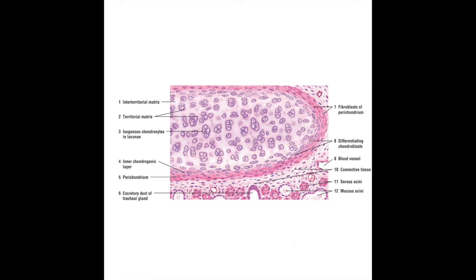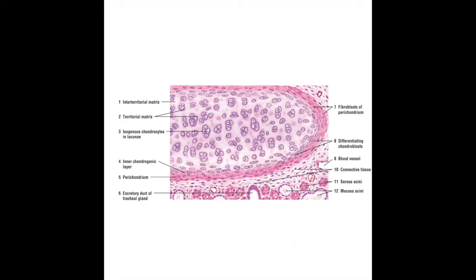The cartilage is derived embryologically from the mesenchyme. Some mesenchymal cells differentiate into cartilage forming cells. They are known as the chondroblast. The chondroblast becomes imprisoned within the matrix and they become chondrocyte. Some mesenchymal cells that surround the developing cartilage form the perichondrium.